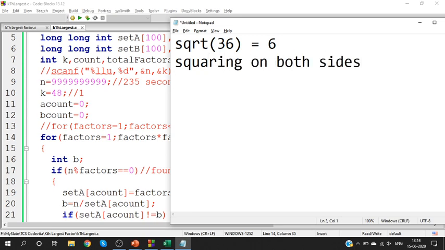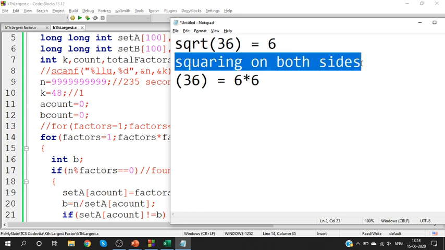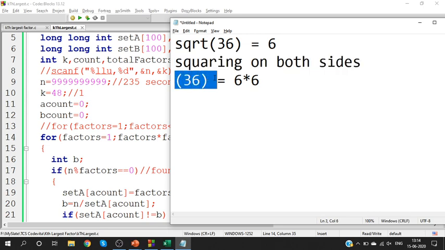Will we do this? Yes. If you have to remove the square root, square on both sides. So squaring on both sides will give 36 is equal to 6 into 6. Can you understand? I don't want this square root. To remove the square root, square on both sides. So for 36 the square root is gone, but 6 is squared, so 6 into 6.